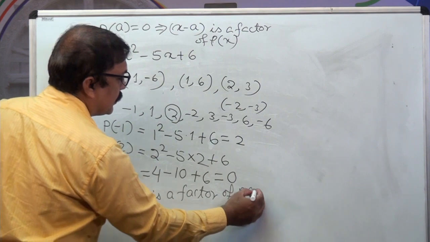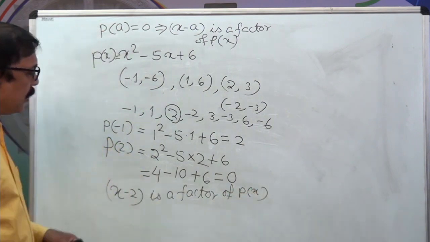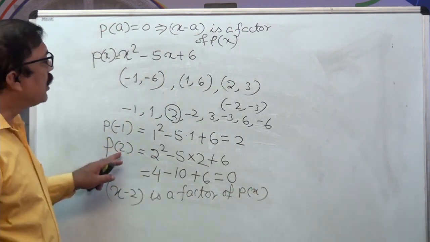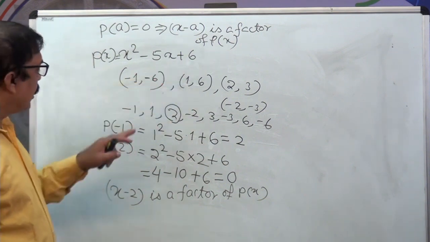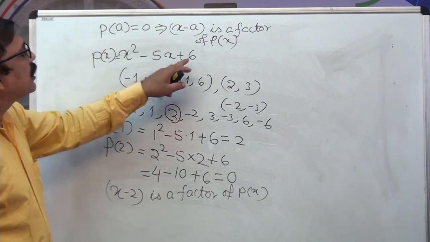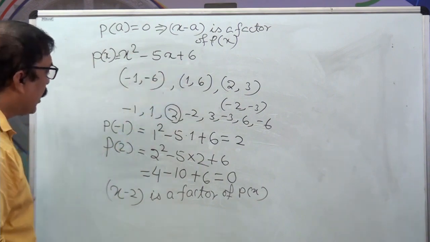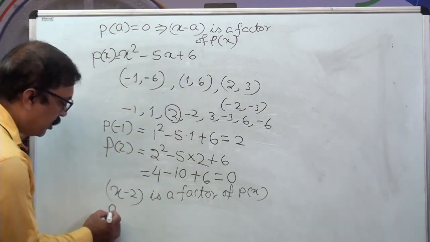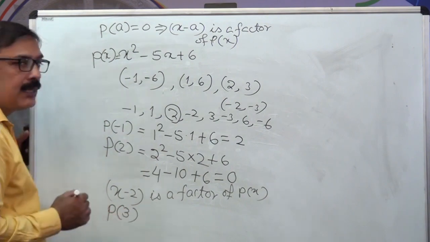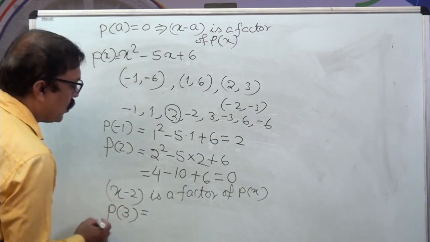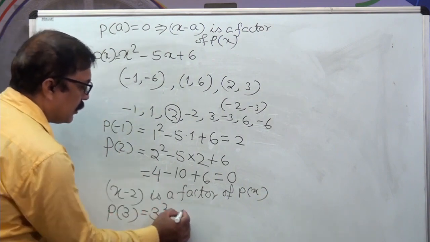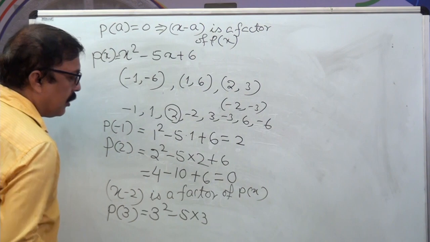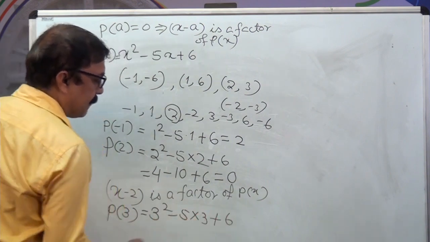of P(x). Now see, if the number is 2 and here the number is 6, then what multiplies with 2 gives 6? Obviously 3. So let's try with 3. So P(3) is equal to 3 square minus 5 into 3 plus 6.